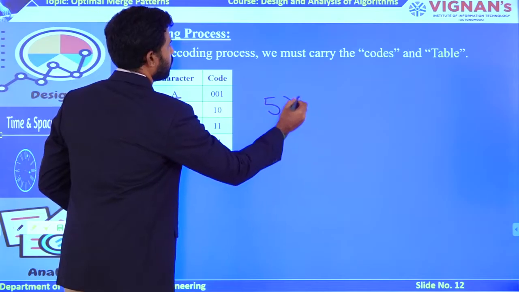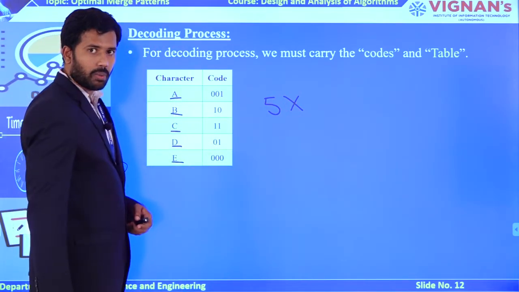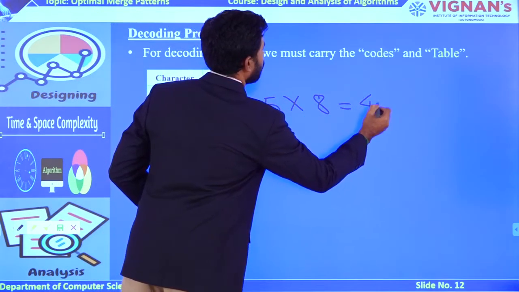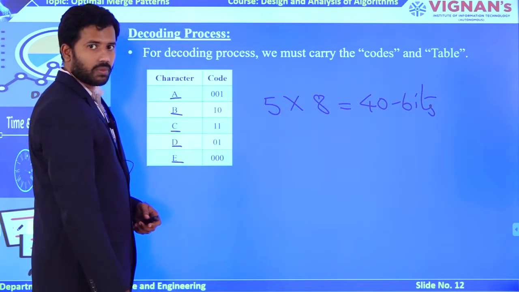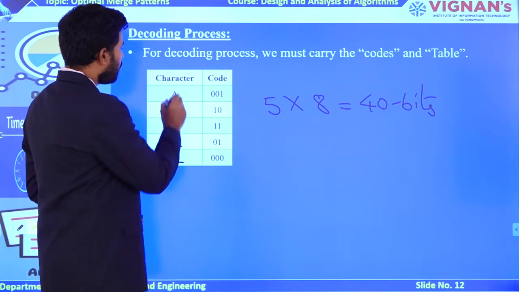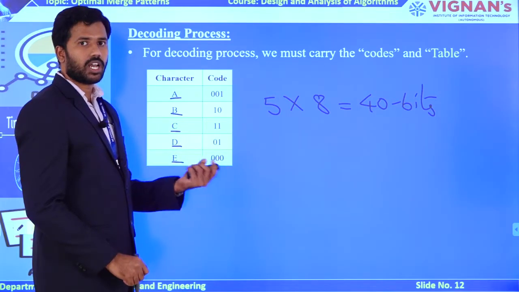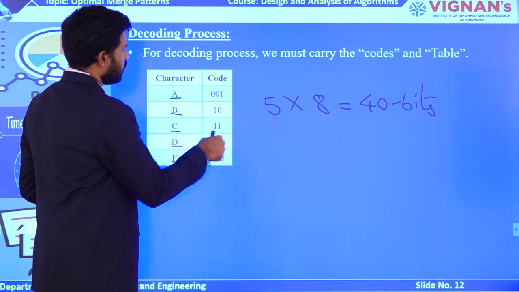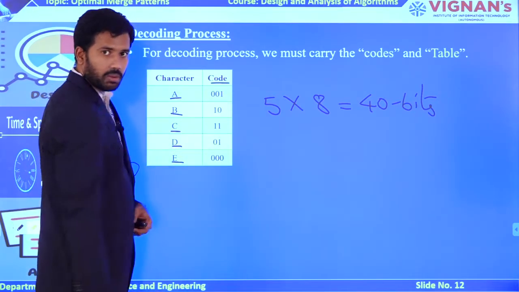Now, as a receiver, how many characters are there in the table? 5 characters. Every character occupies how many bits? 8 bits. So that is 40 bits. Why? Because the receiver uses the ASCII code system, but the sender sent the data with the help of the Huffman coding system. Now in this table at the receiver side, how many coding bits are available?